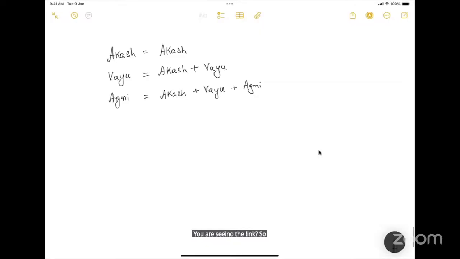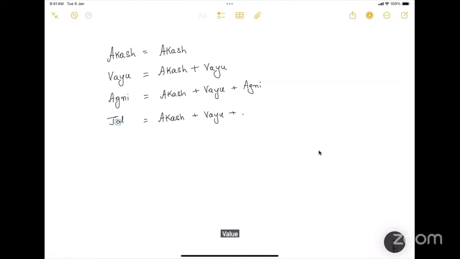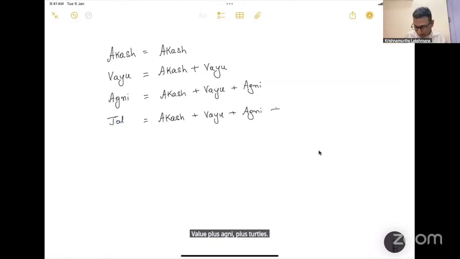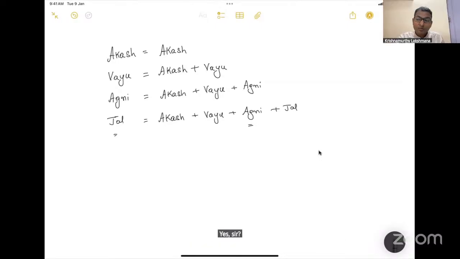Yes. So next, when I say Jal, Jal is Akash plus Vayu plus Agni plus Jal. How is Agni present inside Jal? Is fire present inside water? Heat. Yes, sir, in the form of heat. If there is no Agni, then it will freeze.